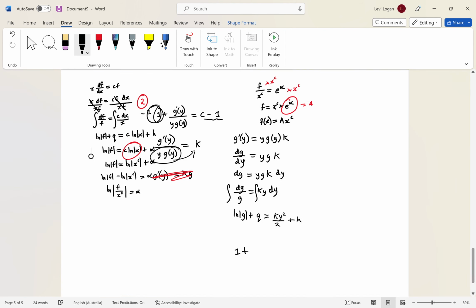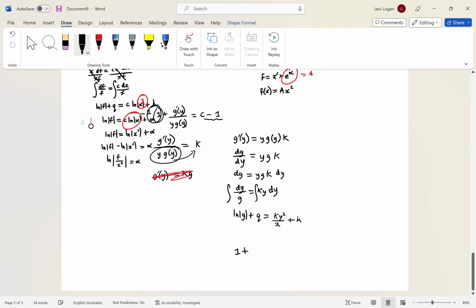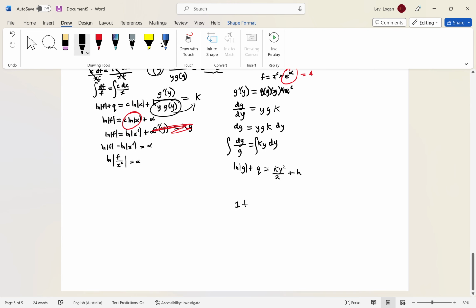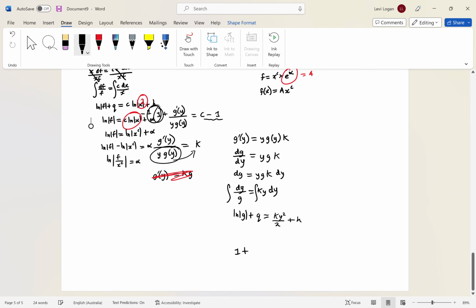Simplifying that. Do you have any room to finish this? What is going on with my writing? It's like moved all my stuff. So I'm just going to start writing it here. Natural log of g is equal to k y squared over 2 plus h minus q, that's just going to be another constant.